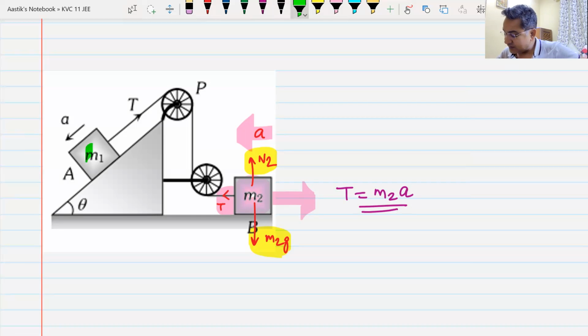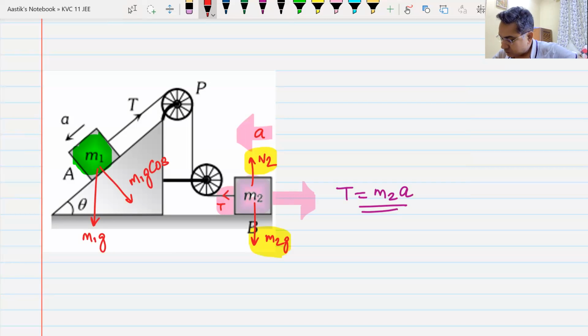Then I can move on to this green block. Let me draw the free body diagram. This is M1G. This will become M1G cos theta. This will become N1. I can write this equation. N1 is equal to M1G cos theta. It is of no use right now. This component will become M1G sin theta.